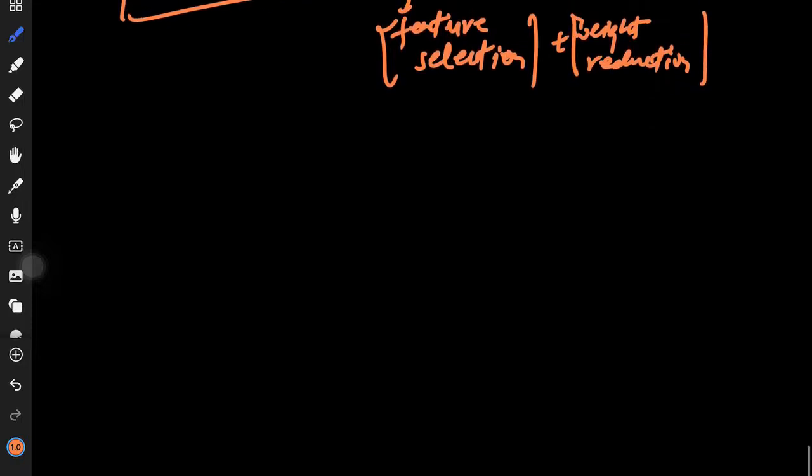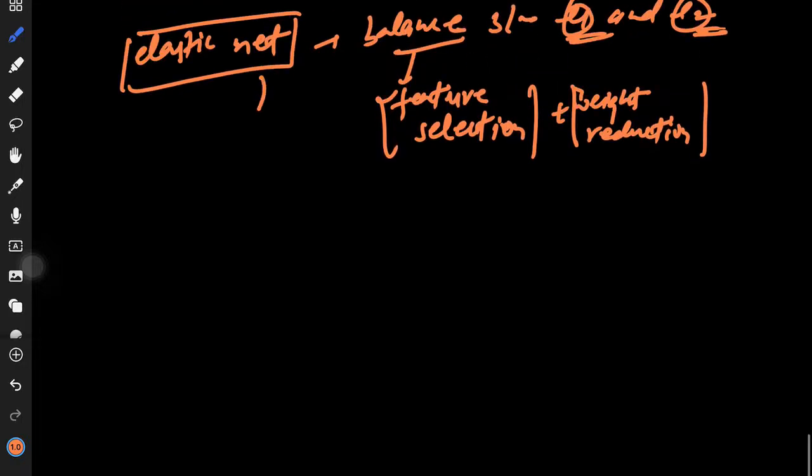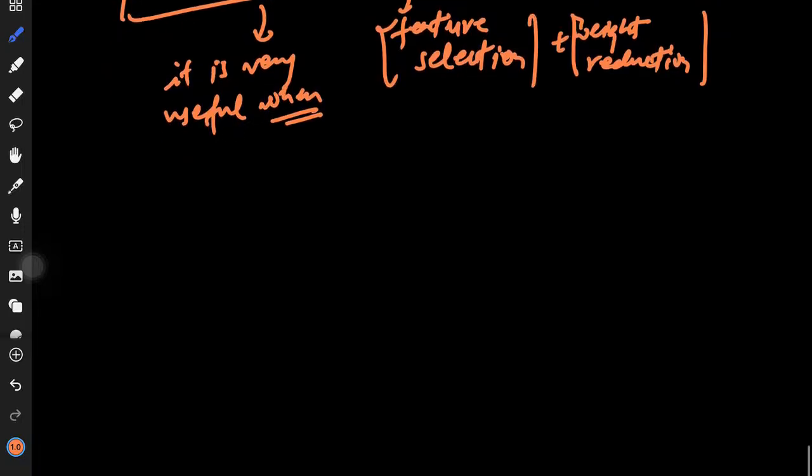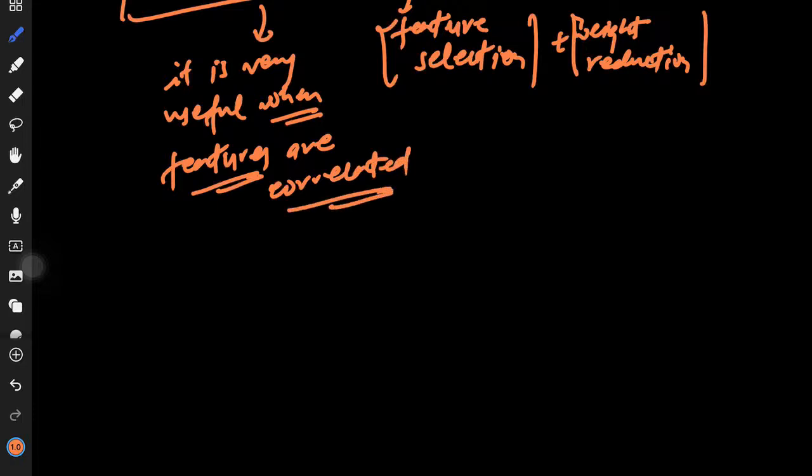Okay, so it is very useful when our features are correlated. So elastic net is very useful when features are correlated.